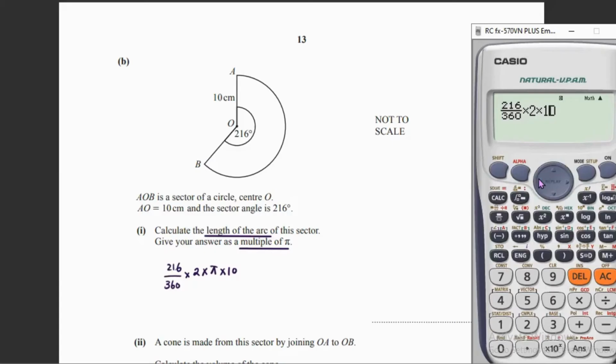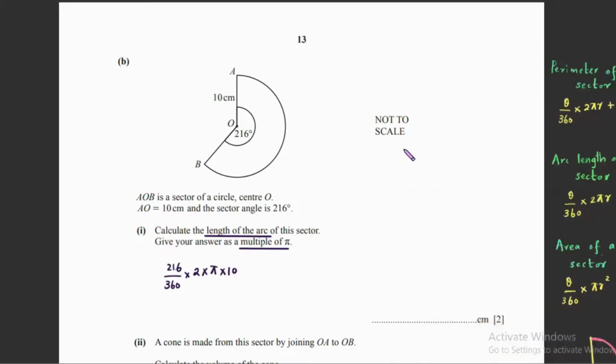So 2 times pi times this will give me 12 pi as a decimal. Without pi means it's going to be 37.699. But in terms of pi means it's going to be 12 pi. So this will be equal to 12 pi. Therefore, this 12 pi is the answer for this question.